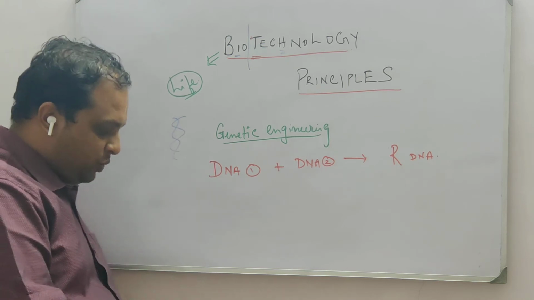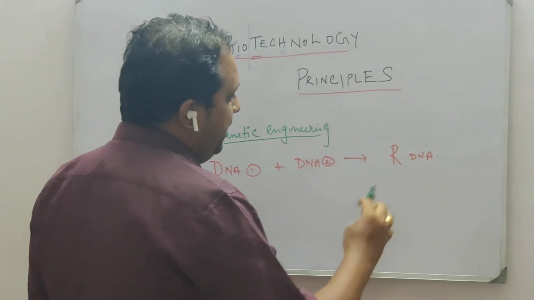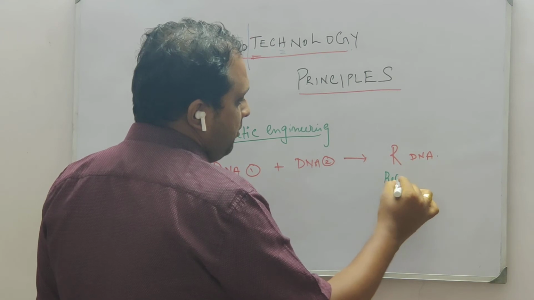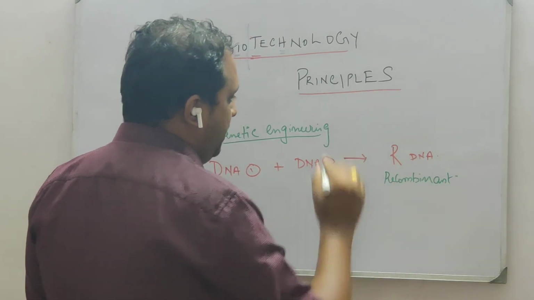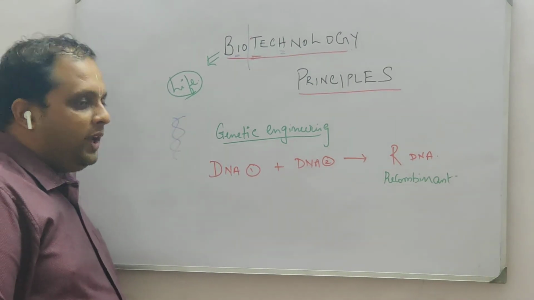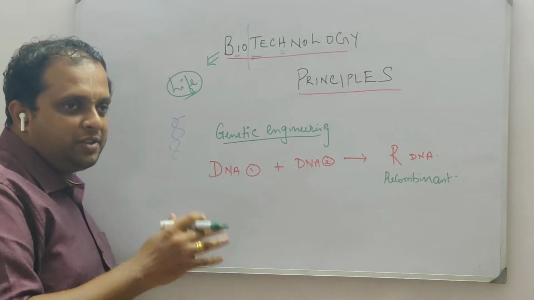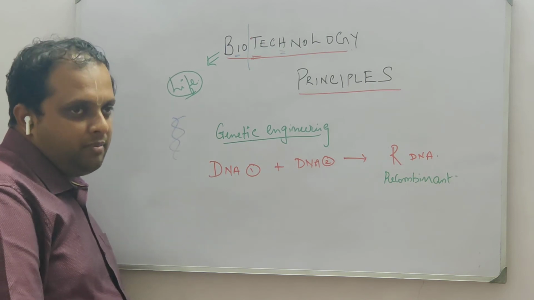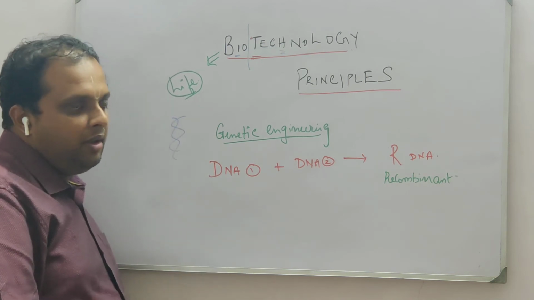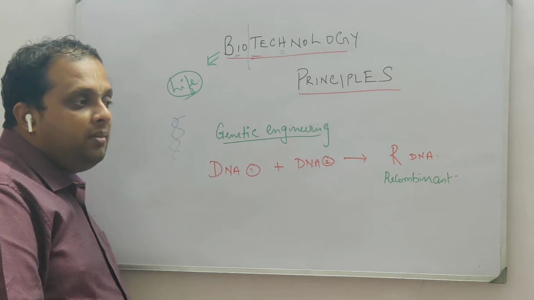R stands for recombinant DNA, right? Recombinant. The combination is going to change here. So this is the equation, this is the principle. What is the purpose?